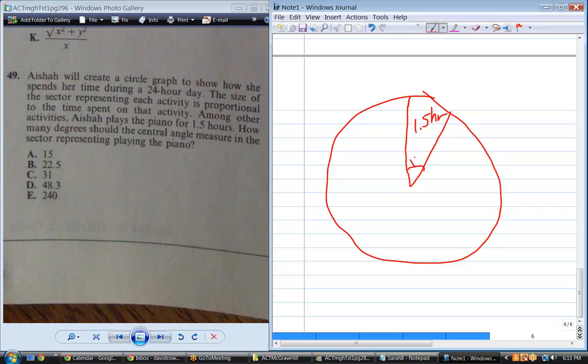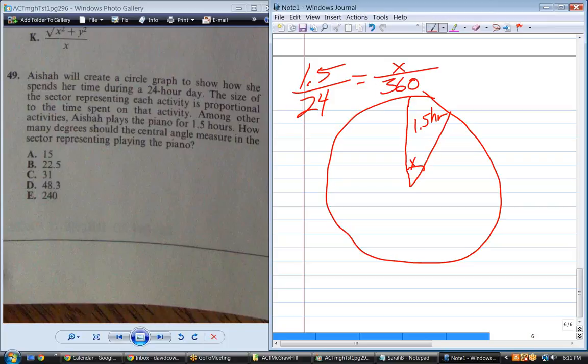Well, it's 360 in the center, right? And then you have... should you take the percent that 1.5 is out of 24? Yeah, it's a ratio problem. 1.5 is to 24 as what is to 360? Solve for x, and you've got that angle.